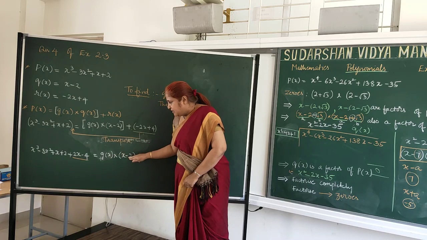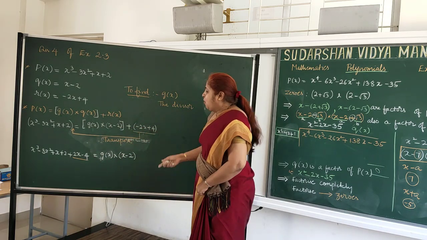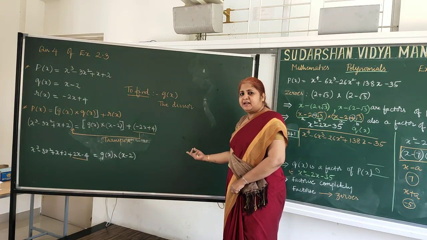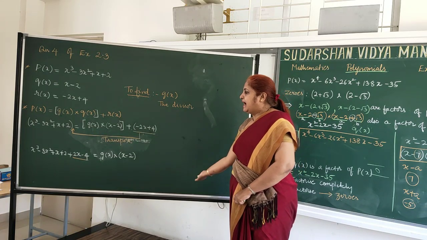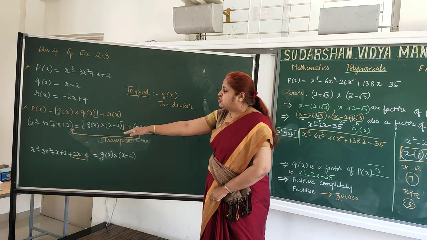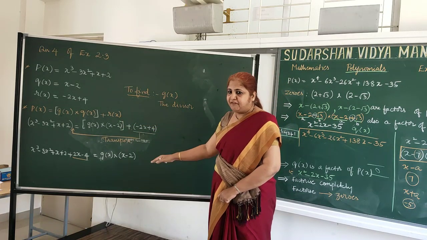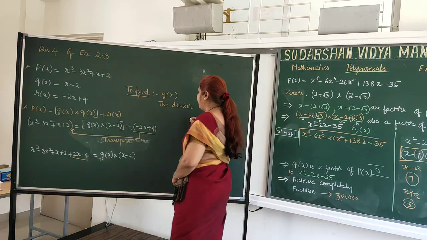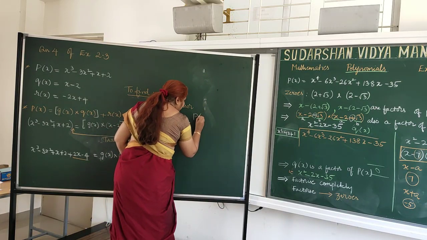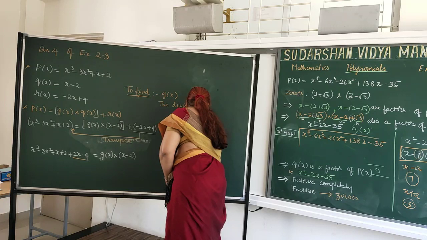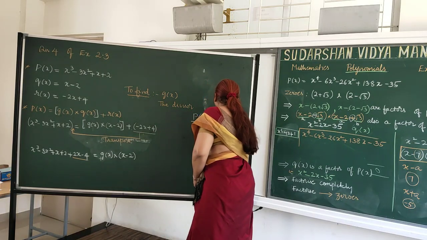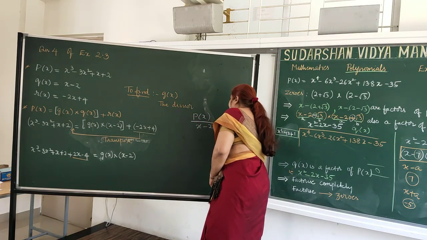This is multiplied. So when I take it to the other side, what do you think will happen to x minus 2? Where should it be placed? Because it is multiplied, when you transpose, it should go to the denominator on the left hand side. So we have whatever expression p of x is given divided by x minus 2. If you do that, you are going to get g of x.